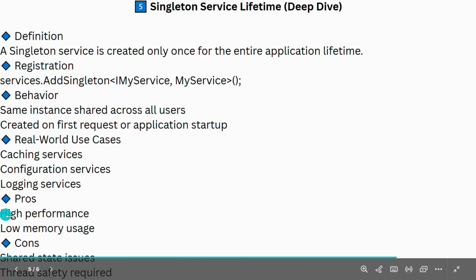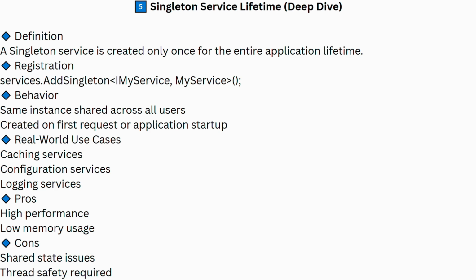What is the pros? High performance, low memory use. How is it high performance? Because a single object is created and shared across the application. So the same object is performing the same operation. There is no garbage collection, as there would be if multiple objects were created, where you need to allocate and release memory.